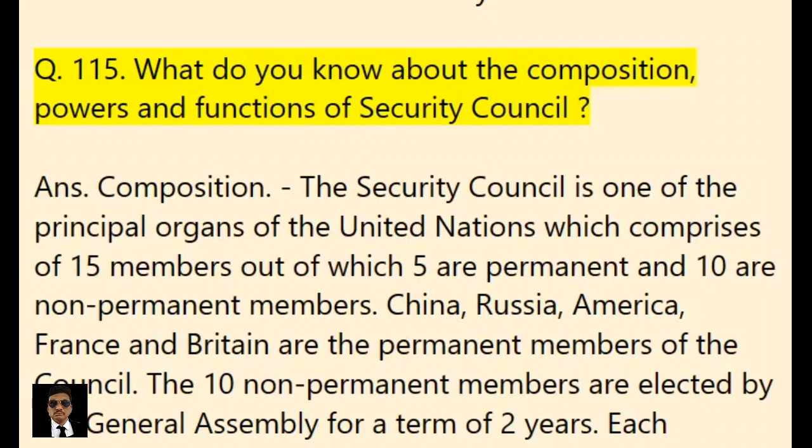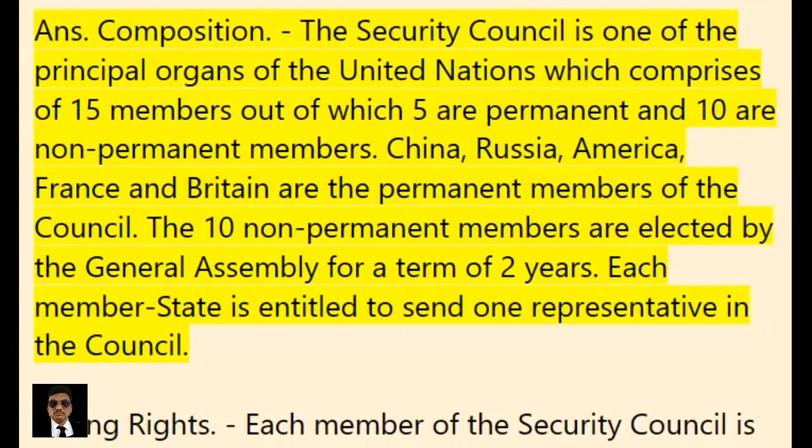Q. 115. What do you know about the composition, powers and functions of the Security Council? Ans. Composition. The Security Council is one of the principal organs of the United Nations, which comprises 15 members, out of which 5 are permanent and 10 are non-permanent members.